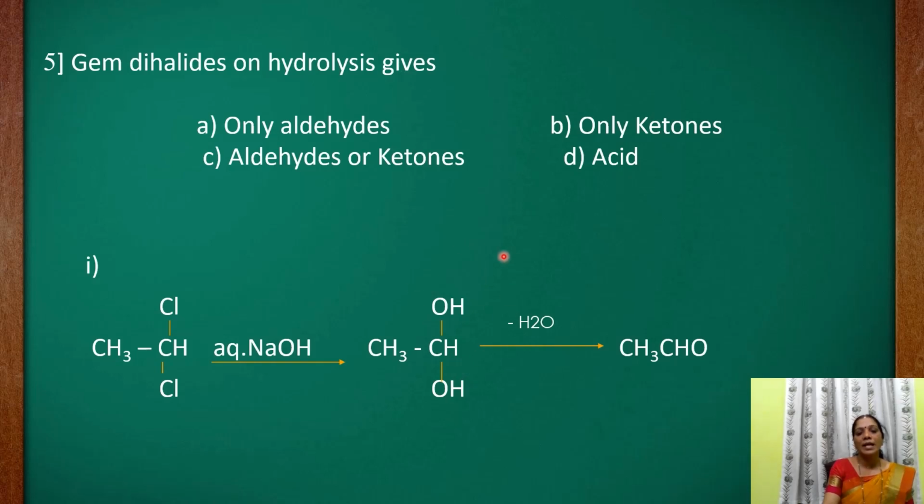Any of the OH combines with the H, resulting in the elimination of a water molecule. See, I have written here minus H2O. Water will be eliminated. If water is eliminated from this, what remains here? CH3, CH, OH and H combine to give H2O. One oxygen remains here.